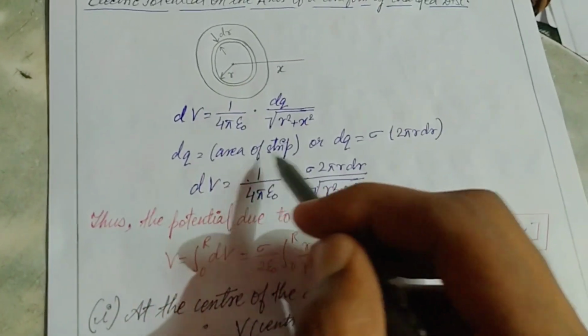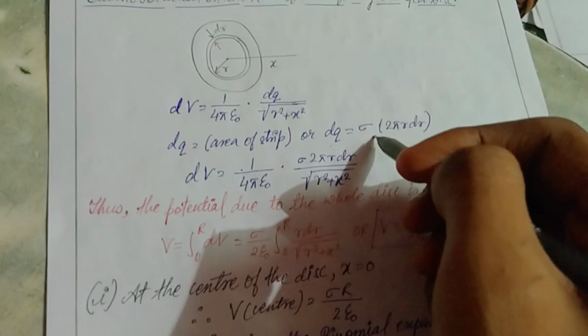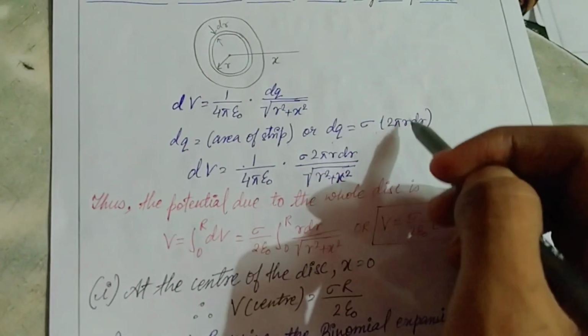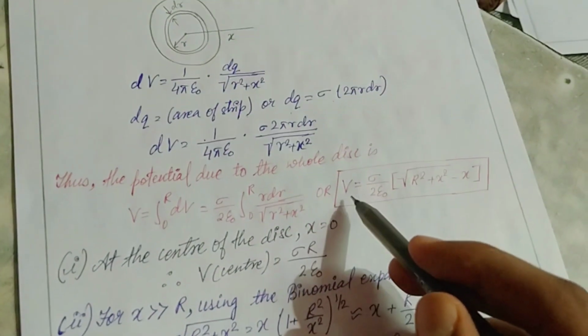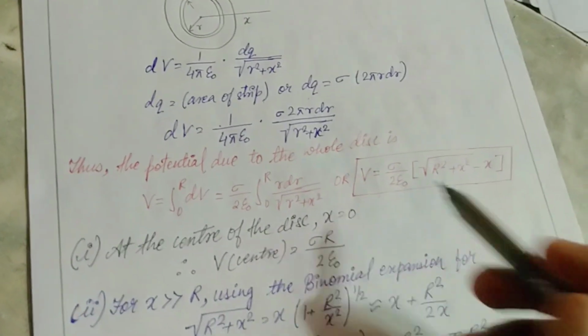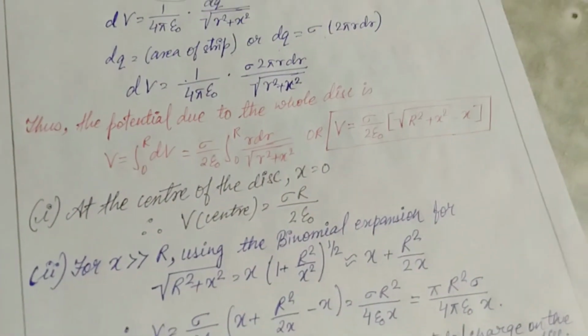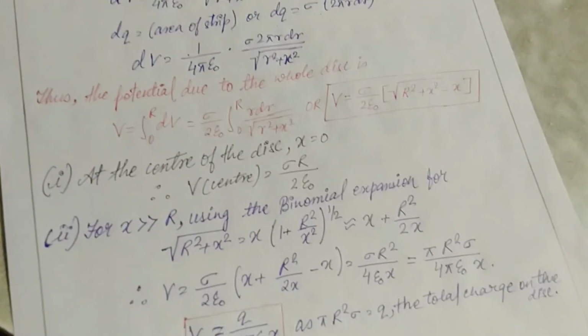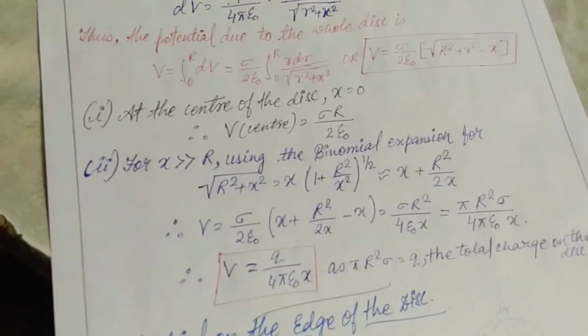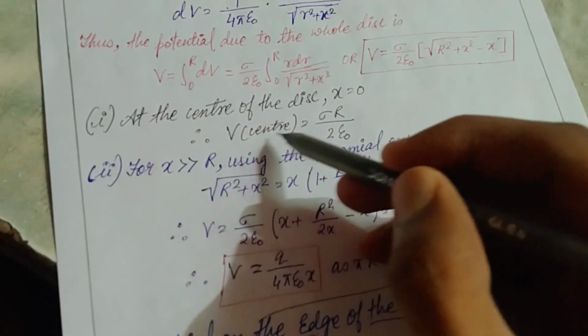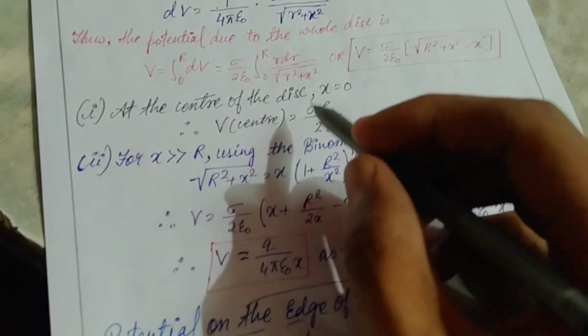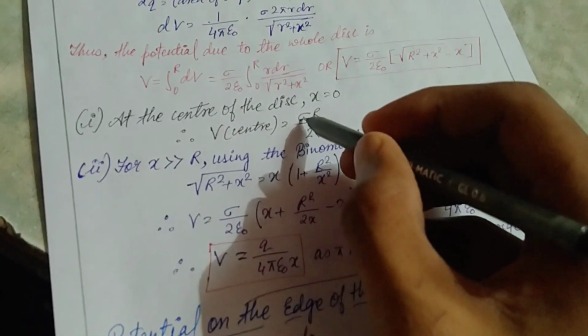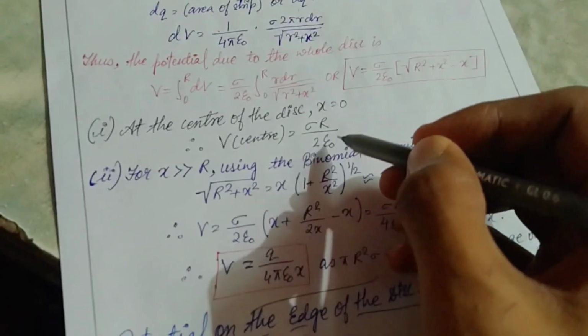The dq, the area of the strip, is sigma times 2 pi r dr. So here we get V is equal to sigma by 2 epsilon naught times the square root of R square plus x square, minus x. At the center of the disk, at x equal to 0, the electric potential is maximum, which is sigma R by 2 epsilon naught.